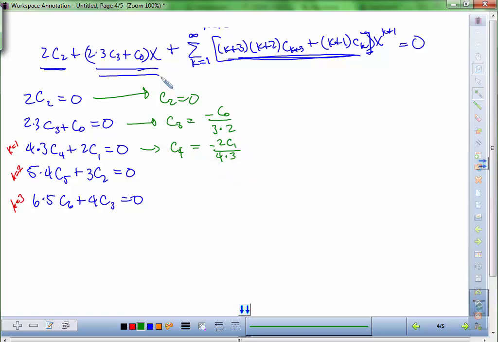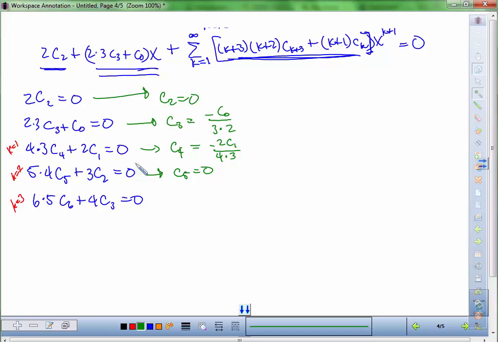And we don't have any other information about c1, so I think I would just leave it like that. And I'm not going to cancel too many things yet until I see more of a pattern. c5 is equal to 0, because c5 is going to be something with a c2 in it, and c2 we know is equal to 0.